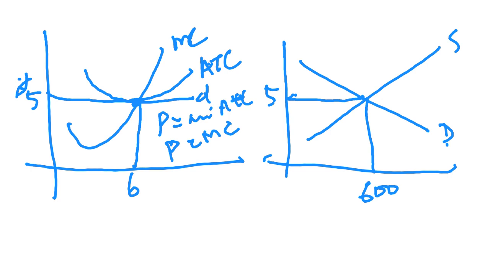Also, from the industry diagram, if I extend this curve up to here, so this area, this triangle, this is consumer surplus, and this triangle, this is called producer surplus. So you can see total surplus, that is consumer surplus plus producer surplus, is maximized if the industry produces 600. If it produces less than 600, total surplus will not be maximized.